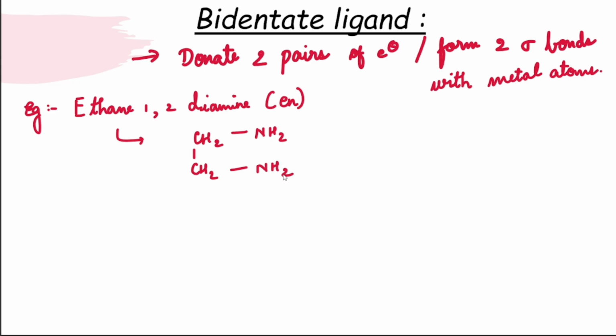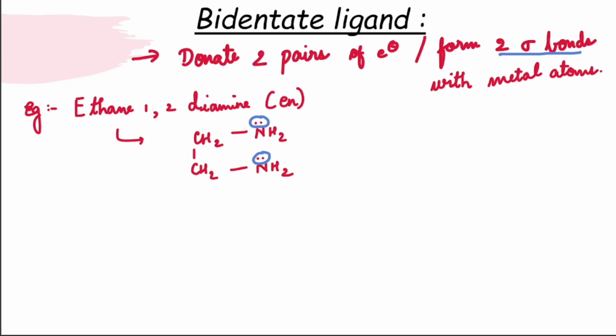Here we have a lone pair on each nitrogen. Why is it a bidentate ligand? Because ethane 1,2 diamine donates 2 pairs of electrons: this nitrogen donates 1 pair of electrons and that nitrogen donates 1 pair of electrons. So it donates 2 pairs of electrons and forms 2 sigma bonds. That is the reason ethane 1,2 diamine is a bidentate ligand.